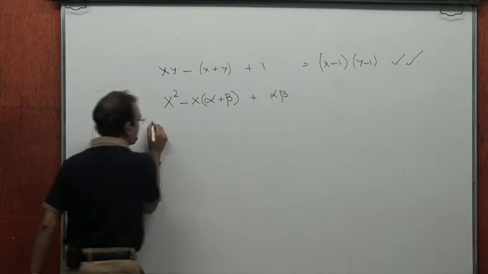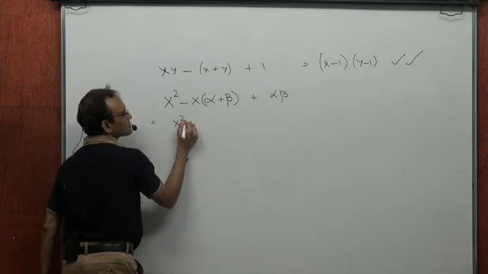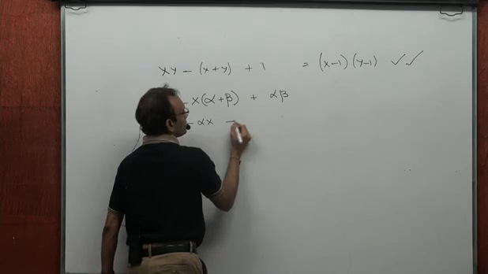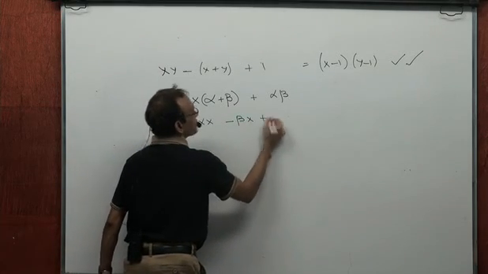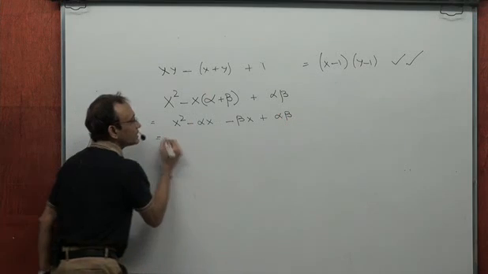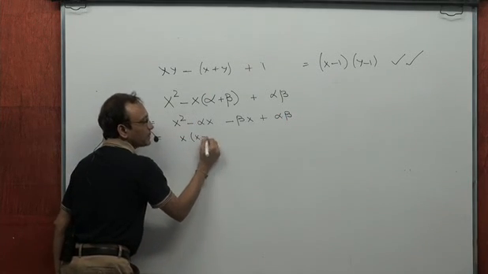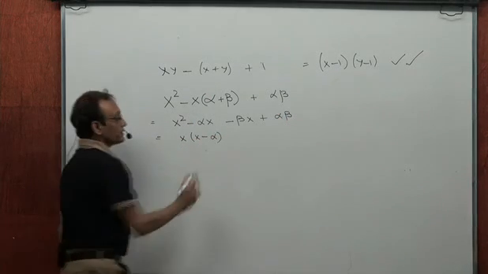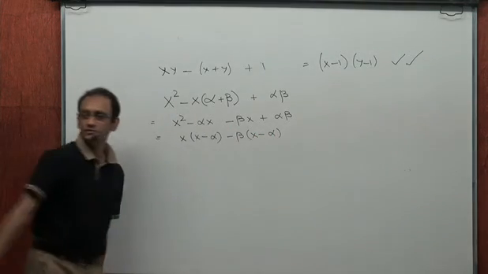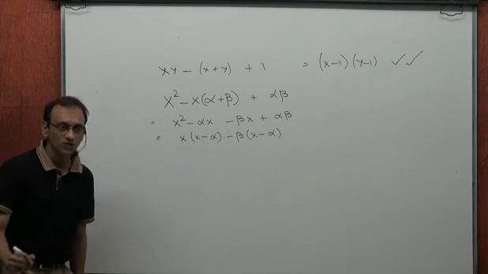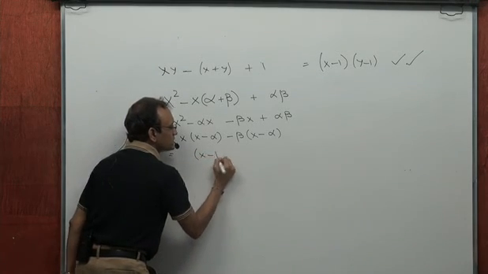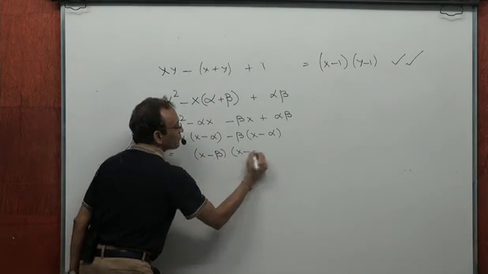This could be written as x squared minus alpha x minus beta x plus alpha beta, which is like x into x minus alpha minus beta into x minus alpha, which is to say x minus beta into x minus alpha.